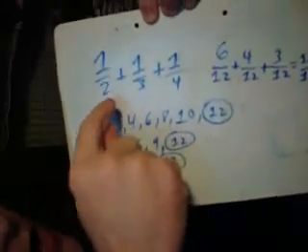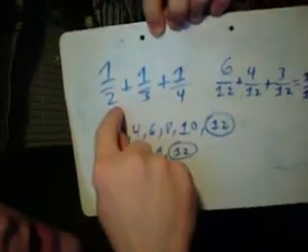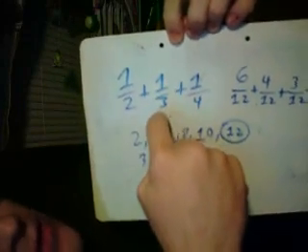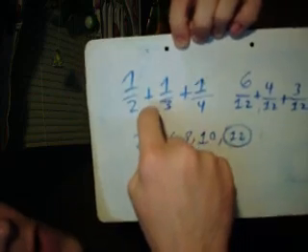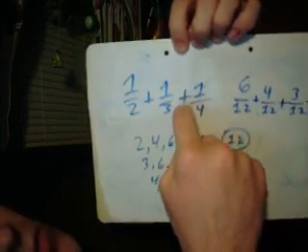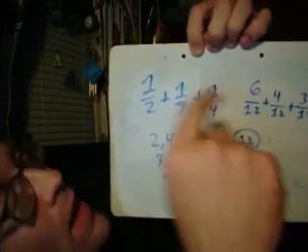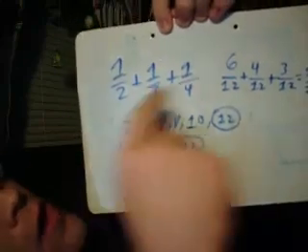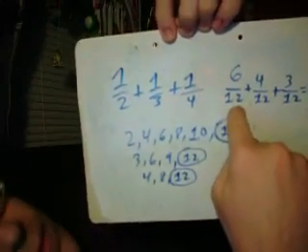So what we're going to do is take this number here times 6 over 6, this number here times 4 over 4, and this number here times 3 over 3. Okay? Now, if you take 1/2 times 6/6, it will come out to be 6/12.